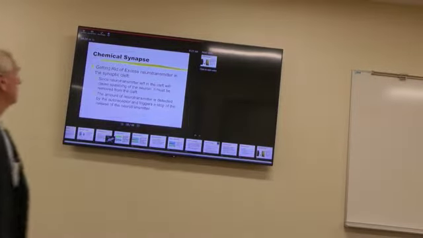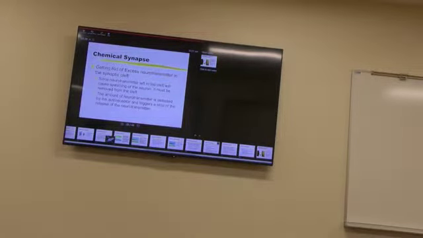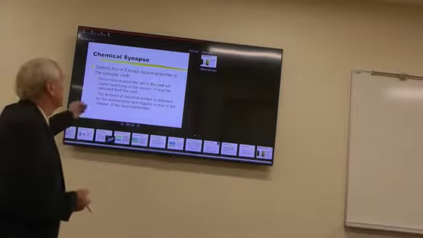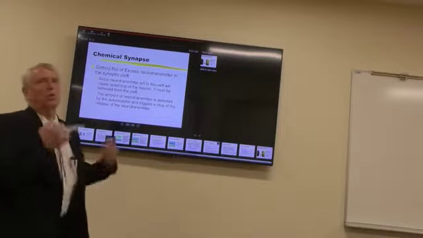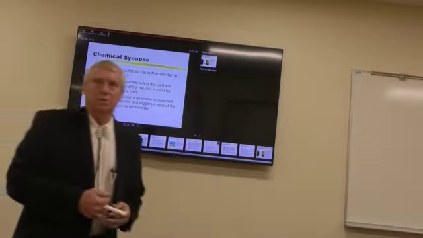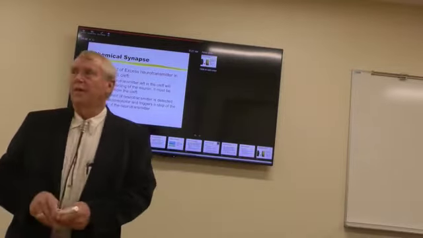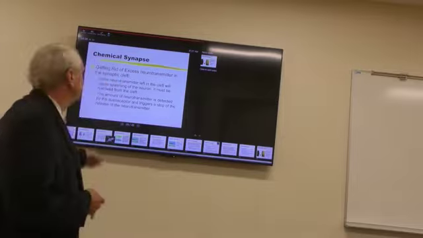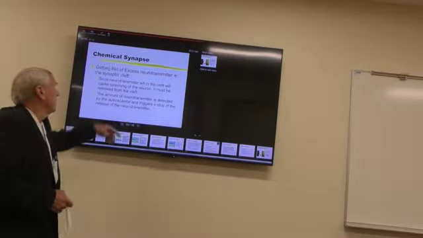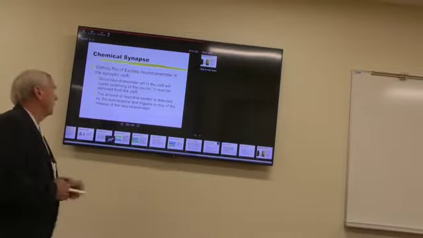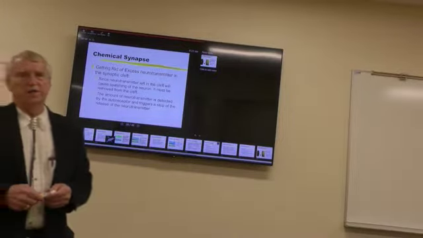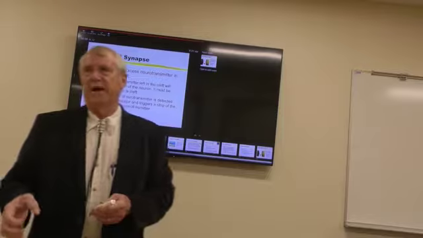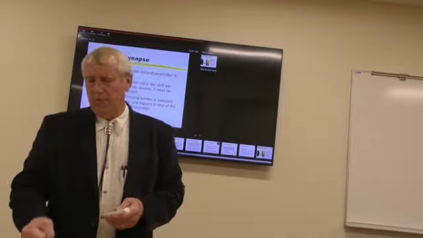Getting rid of excess neurotransmitter in the synaptic cleft: since neurotransmitters are left in the cleft, they must be removed or they will continue to fire, and you certainly don't want that. You want to control the activity of the neurons. The amount of neurotransmitter is detected by the autoreceptors, and it triggers a stop to the release of the neurotransmitter. It's kind of like the shut-off valve on your gas pump as you're pumping gas.